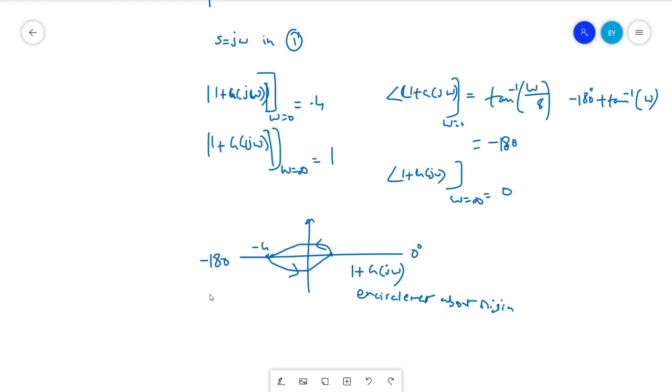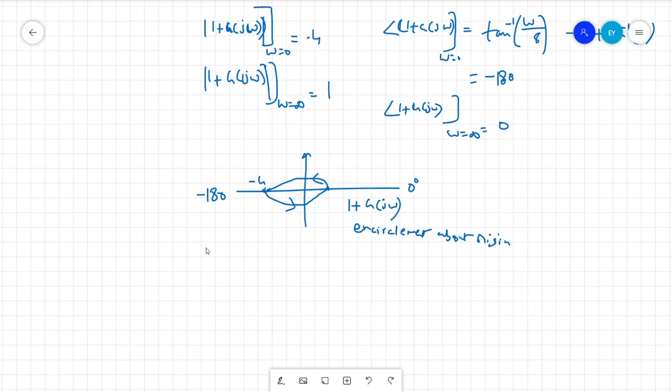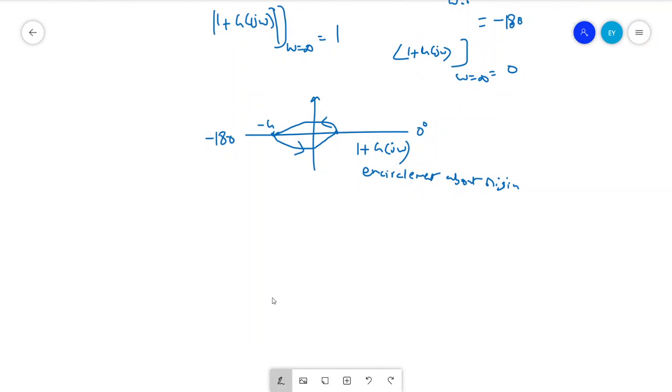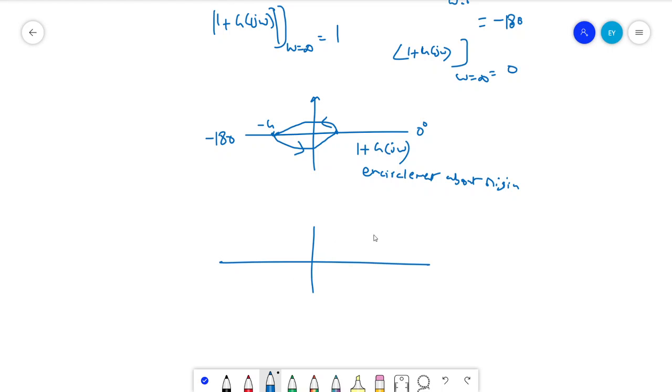If you are considering g of j omega, for the same thing, there will be a shift, that's it. See, if you draw the same thing in the g of j omega plane, there will be a shift, and this is how it looks, I'm drawing with free hands. This is how it looks actually.